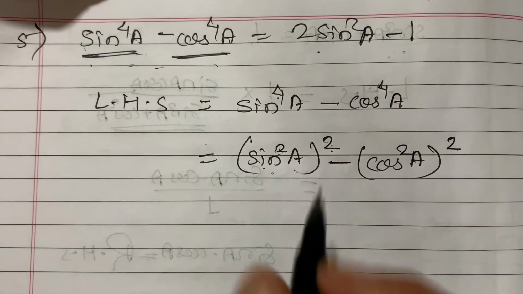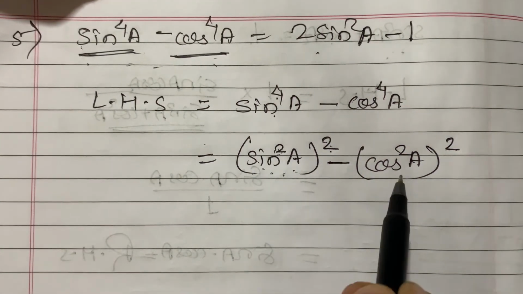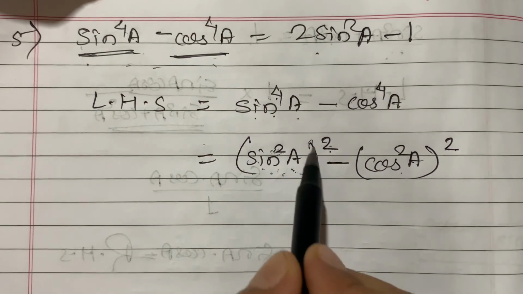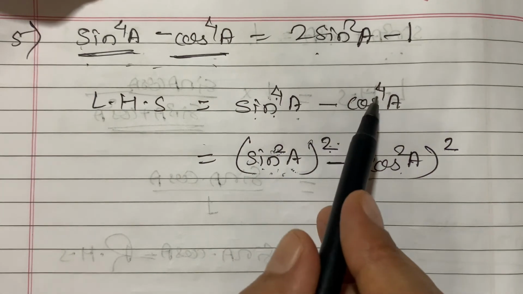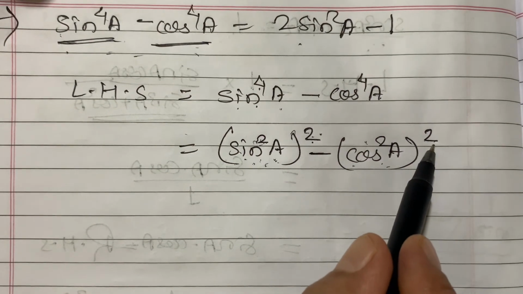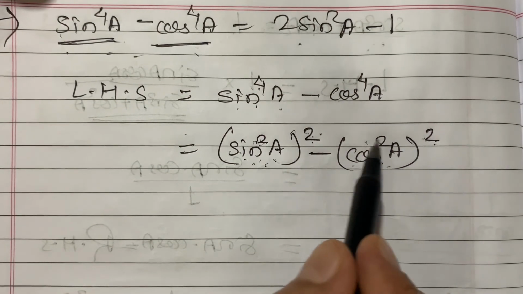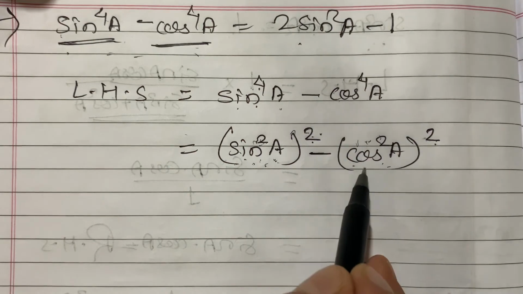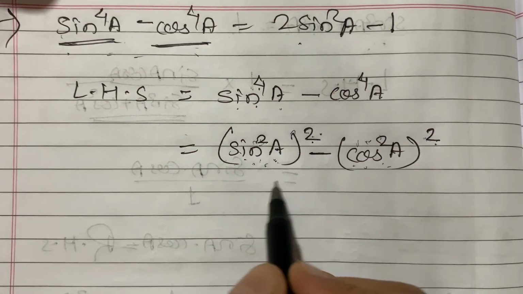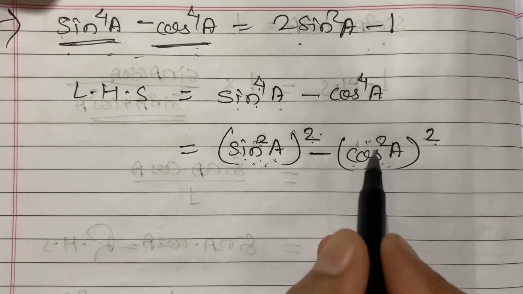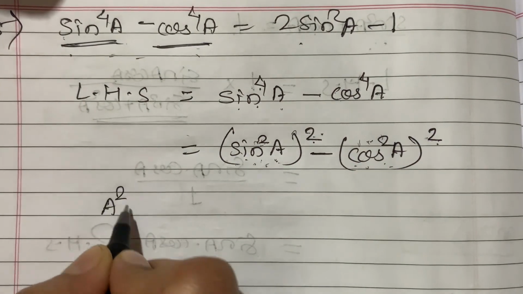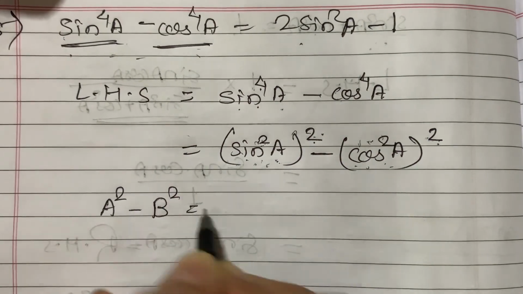So just simplify this. Instead of sin raised to 4a, sin square a its square, and instead of cos raised to 4a, cos square a its square, because 2 into 2 is 4, so the original term is there. Okay, yes. Now I can consider this as a square minus b square.